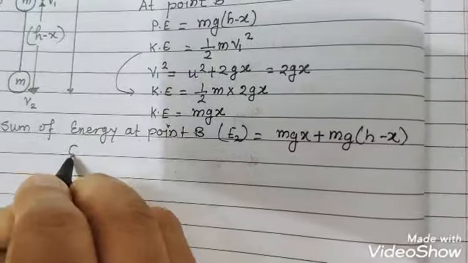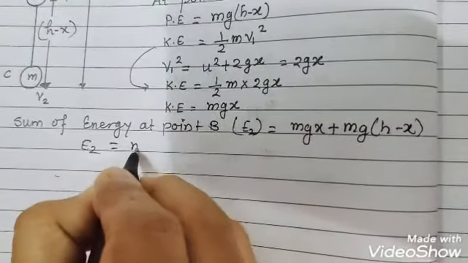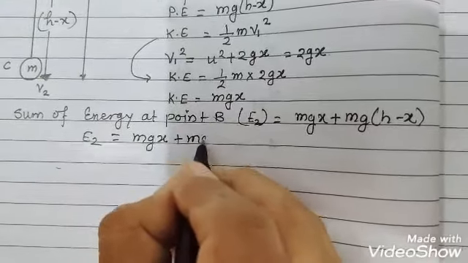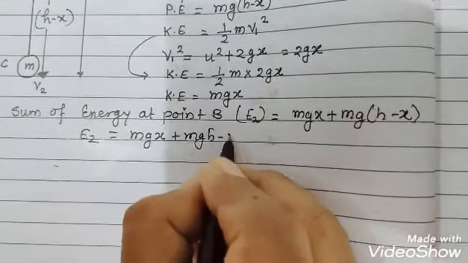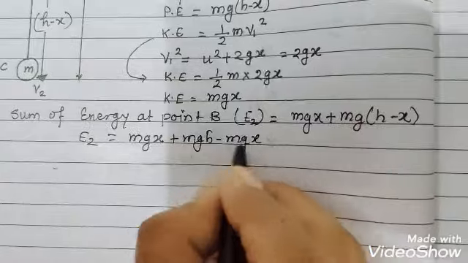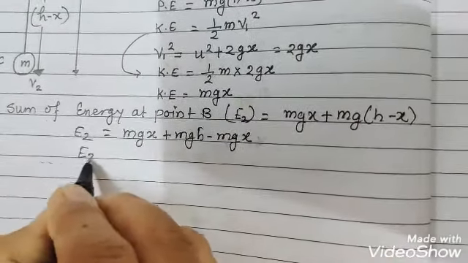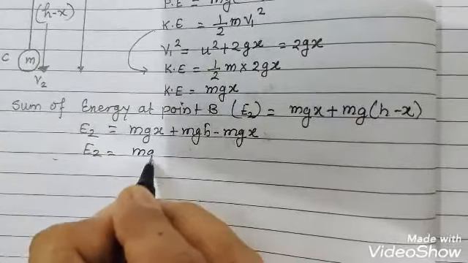You will find E2 is mgx plus mgh minus mgx. So mgx would be cancelled and E2 will become mgh.